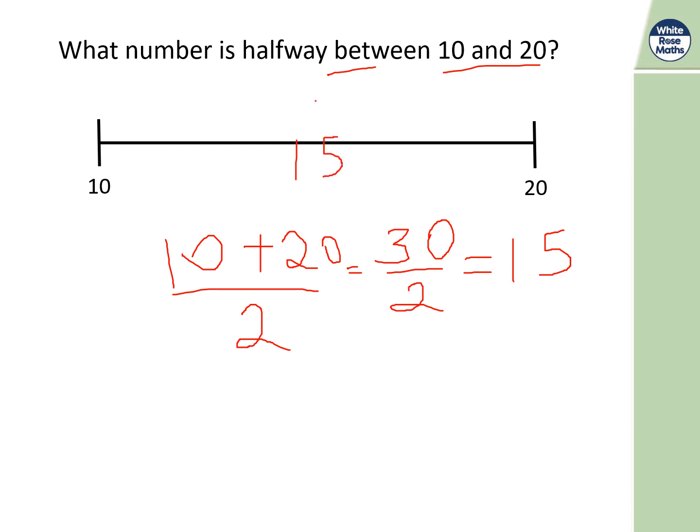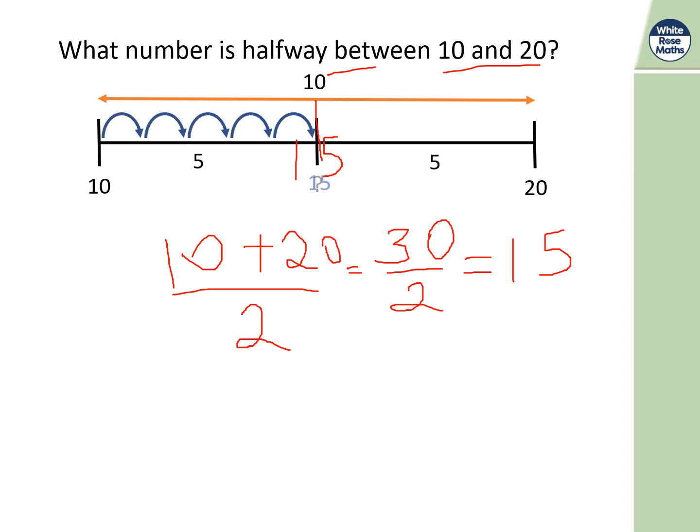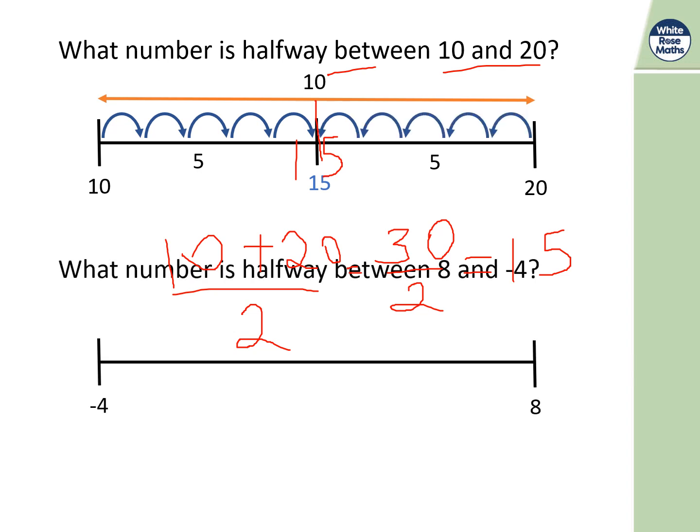Okay, and that's smack bang in the middle. So the total distance there is 10. So halfway it'll be 5 on either side. So you would do 10 plus 5, so 5 jumps, you get 15. Or you do 20 take away 5, which is going to be 15.